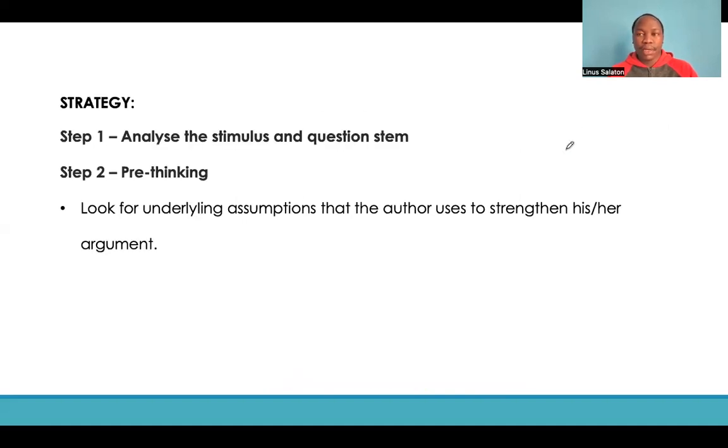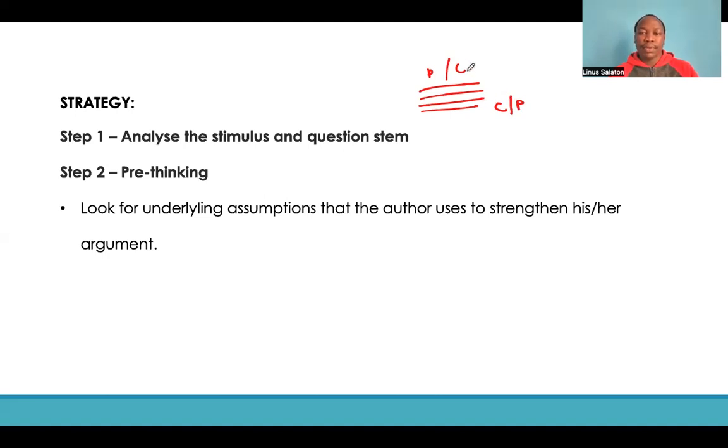The strategy to employ in this question type: first, analyze the stimulus and question stem. So again, remember in critical reasoning, you're given a stimulus, usually a small passage that has the premise and the conclusion. It could go either way: start out with the premise and end with the conclusion, or start out with the conclusion and end with the premise, all right?